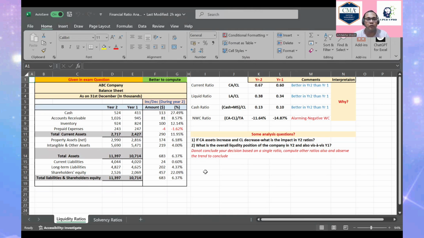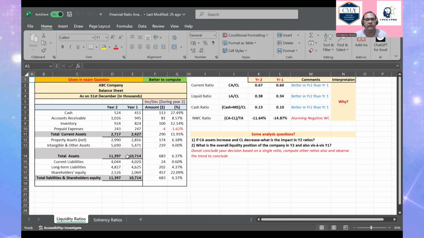Everyone, just focus on the left side first. Generally, in a question around ratio analysis, we are given a balance sheet if it is a bigger question, and if it is a smaller question, we might be given piecemeal information that can be used for the purpose of calculating the ratios. Here, what I've done is I've written 'given in exam question'.